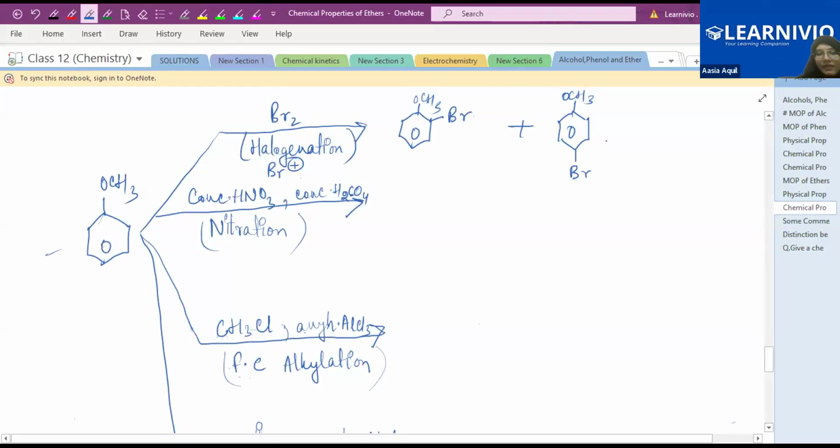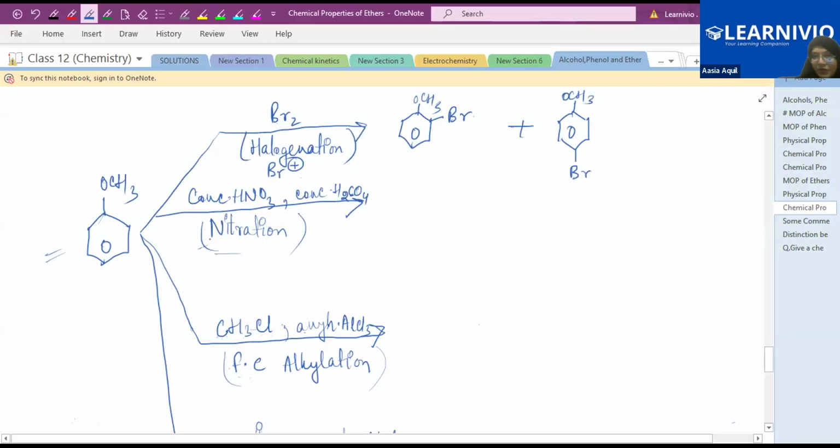Now, the second reaction is when anisole undergoes nitration. For nitration we use this combination: concentrated HNO3, nitric acid, plus concentrated sulfuric acid. Whenever you have to do nitration, just use this combo, concentrated HNO3 plus concentrated H2SO4. Both should be in concentrated form.